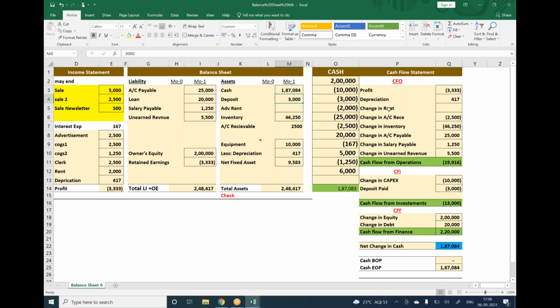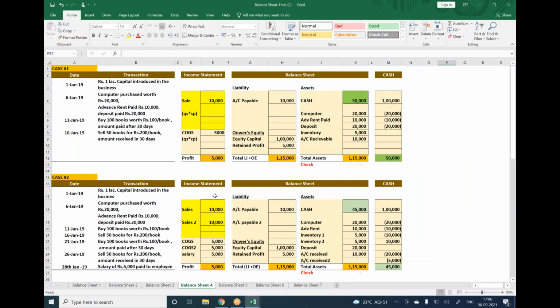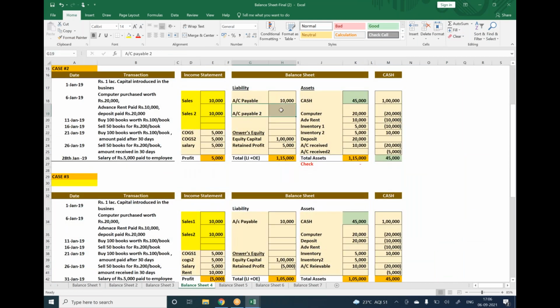Only the change in rent is a line item I purposely created. So do not think of it as fill in the blanks. Just because that cell is there, don't assume that you have to fill something. Even in balance sheet 4, when you scroll down, see account payable 2, I have kept it.